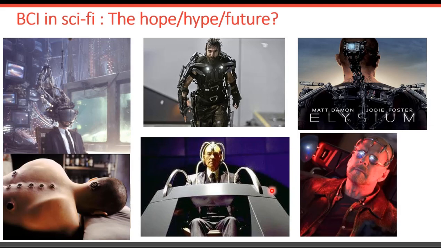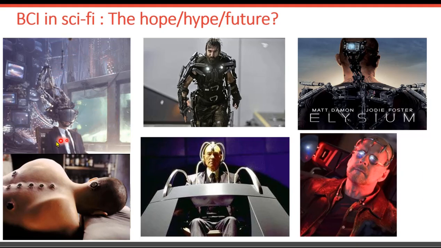Let's take a look at some of the Hollywood movies that highlight the BCI, the brain-computer interface, in their science fiction movies. So humans have already fantasized to build some connection to the brain or to read human mind.